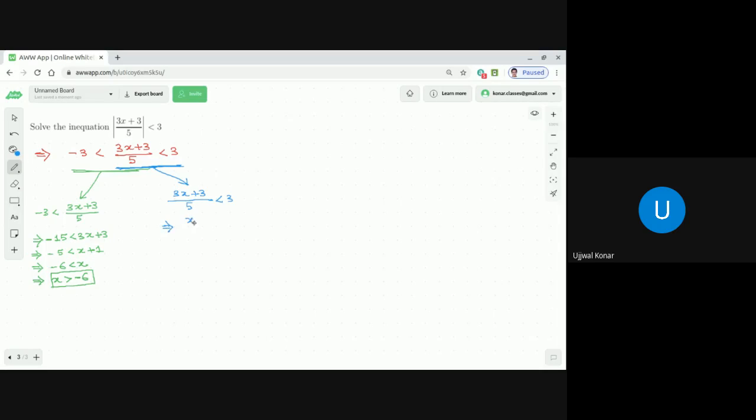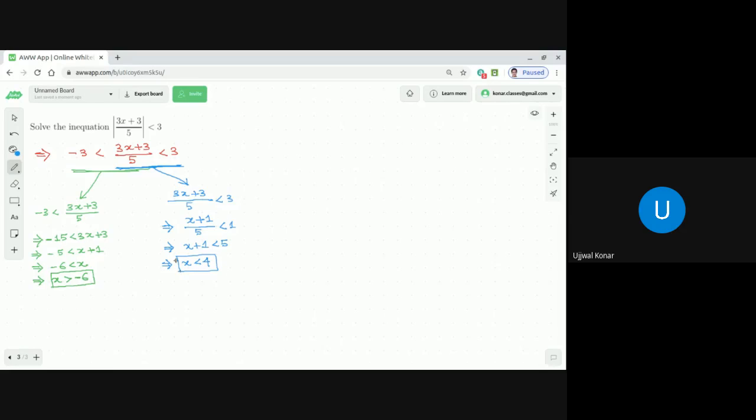So what we get is (x plus 1) by 5 is less than 1. So from here, x plus 1 is less than 5, because we are multiplying both sides of the inequality by 5, which is a positive number, hence the inequality remains the same. So x is less than 4.